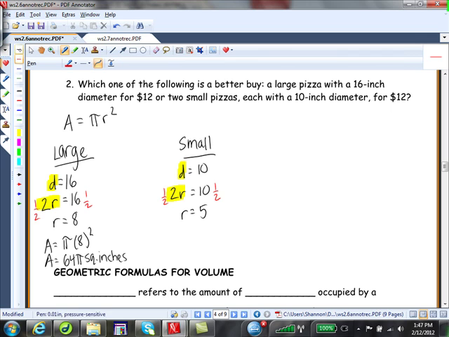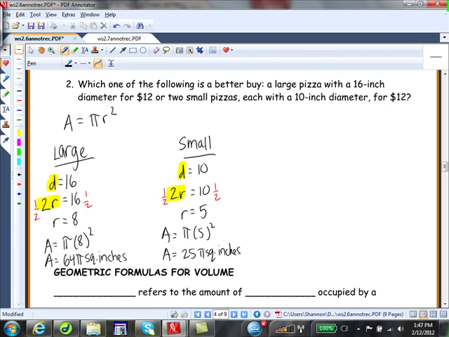And then the area for one of the smalls will be pi times 5 squared. So the area would be 25 pi square inches.